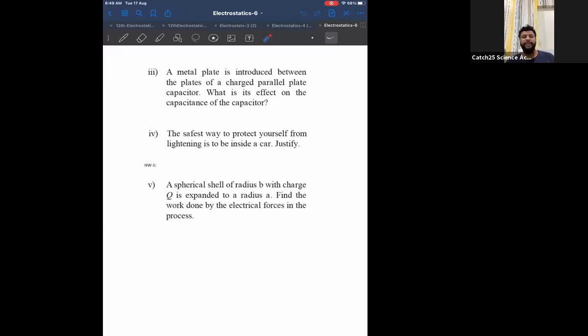Fourth one, I think we can do it right now, because there is nothing to write. So fourth one will eliminate. Take only the third one and the fifth one as homework.